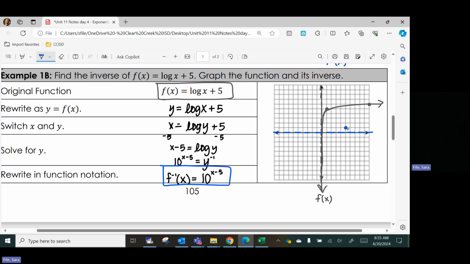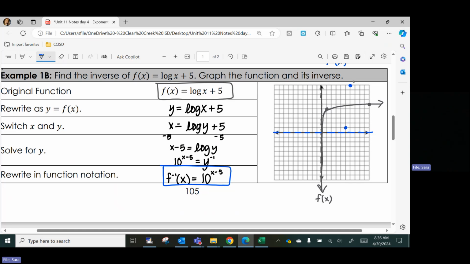Okay, then I could say, what if I input a 6? 6 minus 5 is 1. And what's 10 to the 1 power? 10. So if I input a 6, I get an output of 10. So there's a point at (6, 10).